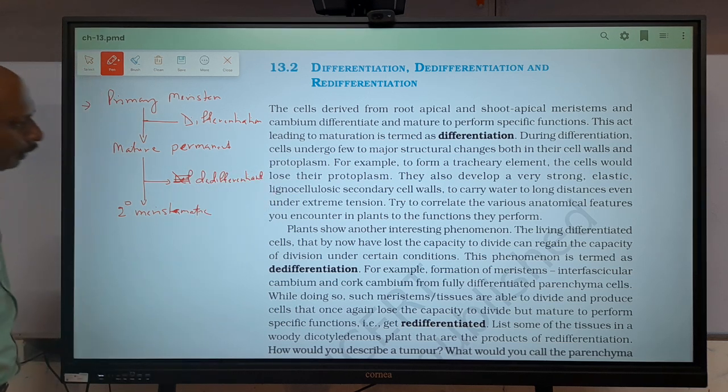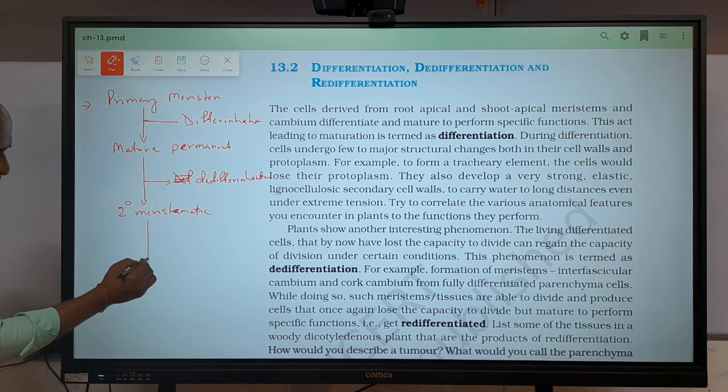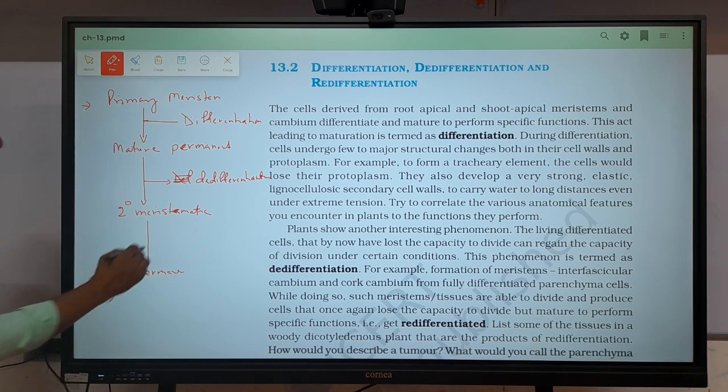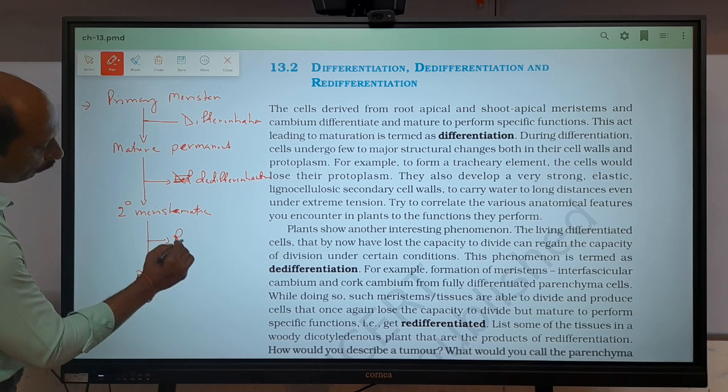Now secondary meristem, after maturation, forms permanent tissue once more, and this time it is called re-differentiation.